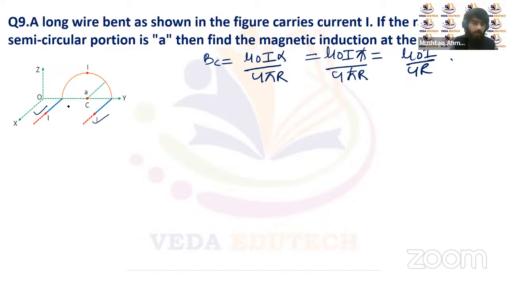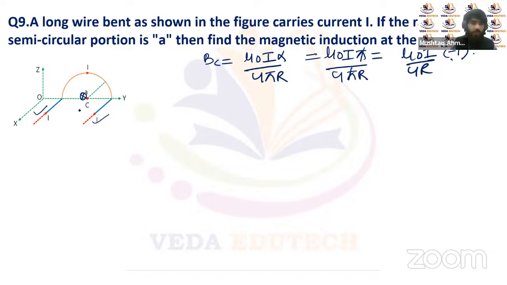Now we have to find the direction of the magnetic field. The direction of the magnetic field because of this semicircular portion will be into the plane of this paper, or we can say cross. It will be along the negative x direction, or minus i cap. This will be the direction of the magnetic field because of this circular portion.